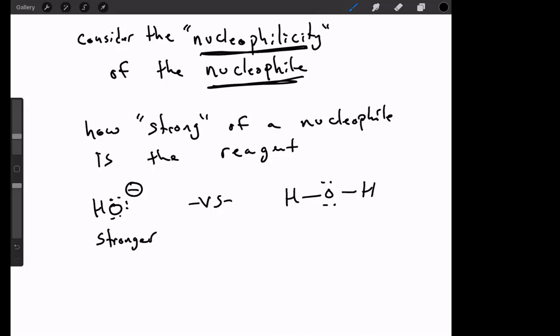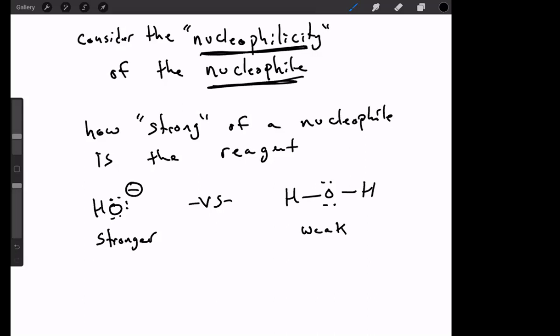This is the stronger nucleophile, and this is the weaker nucleophile. And the long story short is that the more negative a species is, the stronger its nucleophilicity will be, the better at acting as a nucleophile it will be.